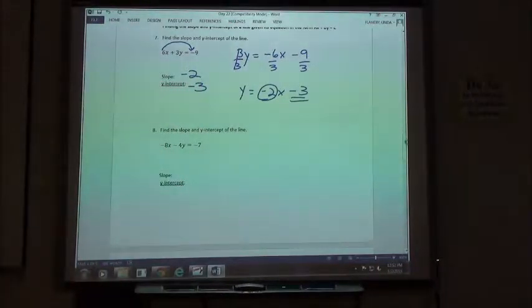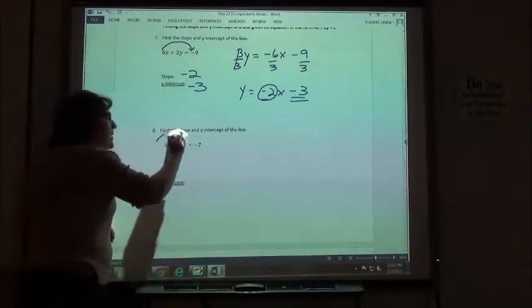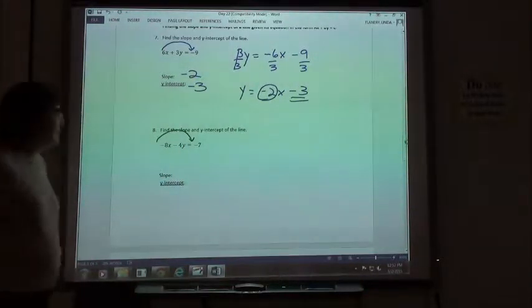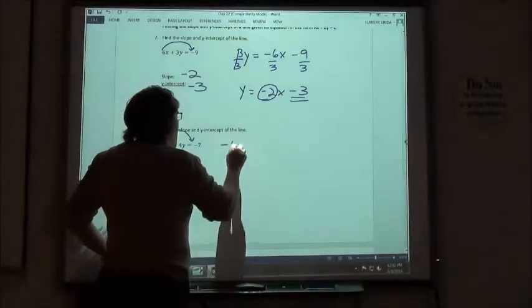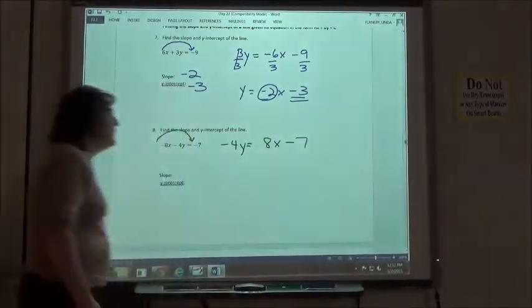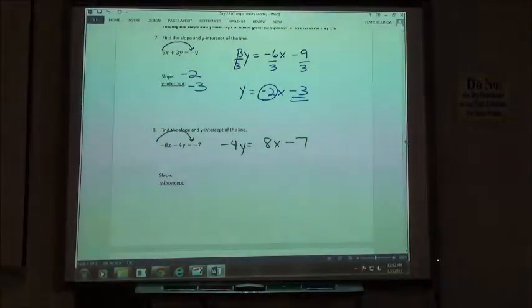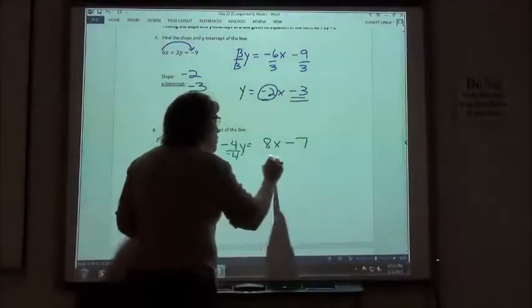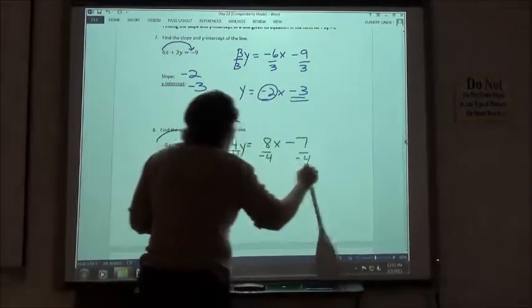So if I want to solve number 8 for y, first thing I'm going to do is move my x to the other side, so what would I have? Positive 8. So -4y equals a positive 8x minus 7. Then I'm going to divide everything by -4 and simplify as much as I can.